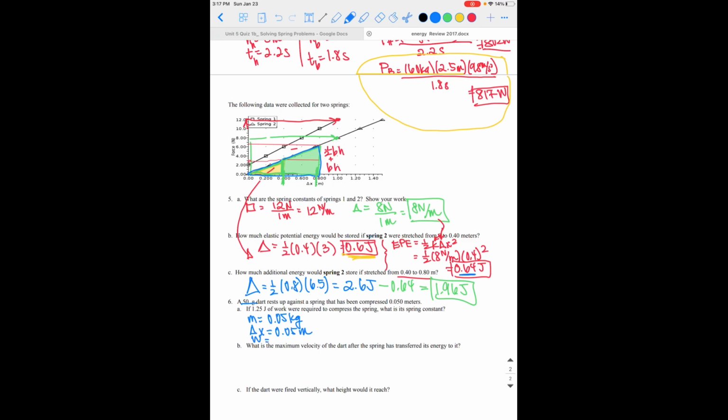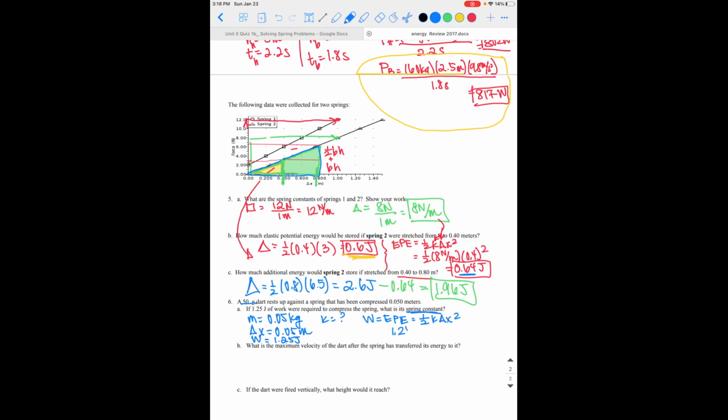So work is energy transferred in, 1.25 joules. So you can think of work as energy. And since we're working with a spring, we are going to use our work and equal it to our elastic potential energy equation. And our unknown also is the spring constant. So we're going to take our work, we're going to set it equal to elastic potential energy, which is 1/2 K delta X squared.